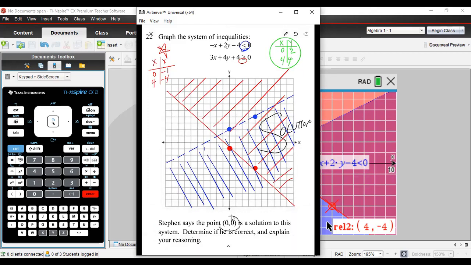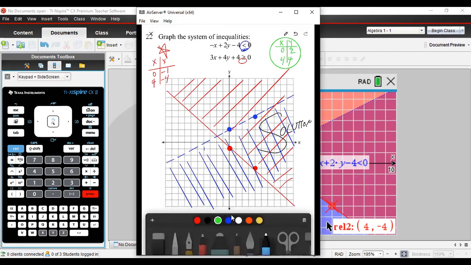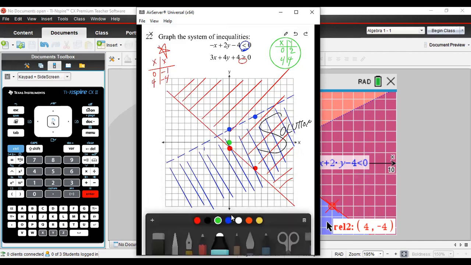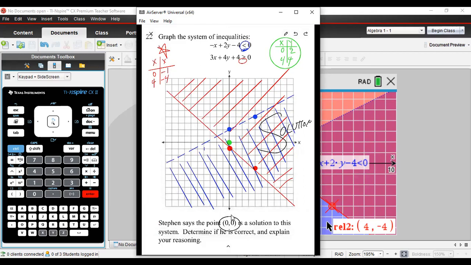Now, they ask if 0, 0 is a solution. If I go and plot 0, 0, it is going to be right here. That is inside the solution set. So this point is a solution. The way you would answer this is you would say 0, 0 is a solution.